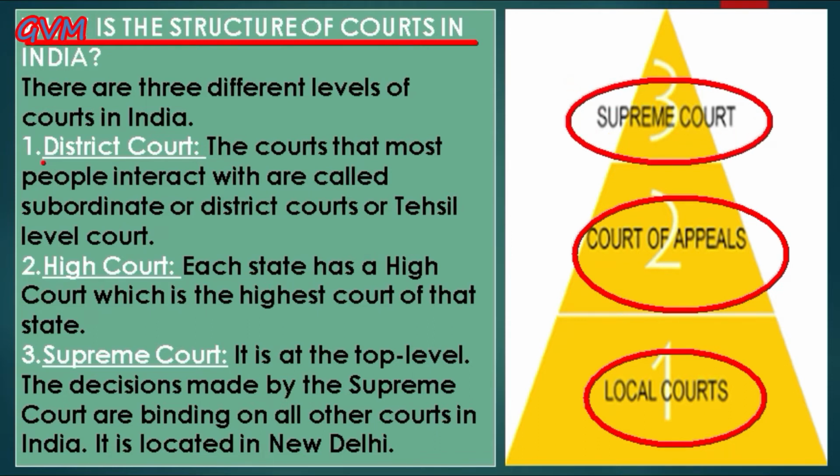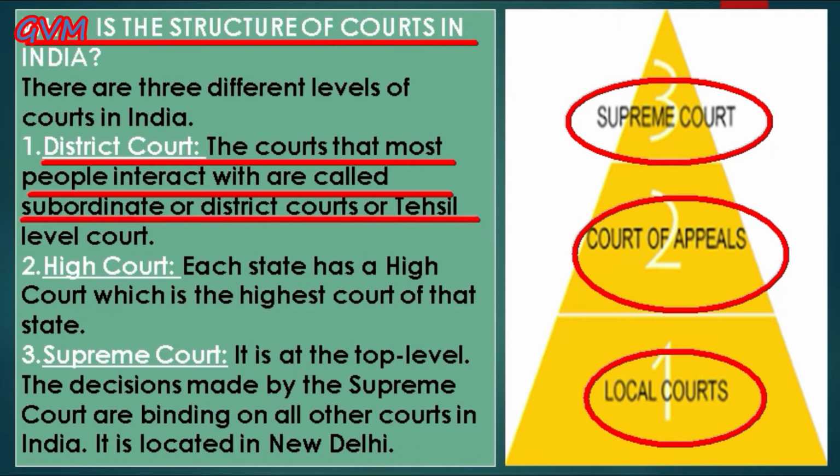At the lower level, district courts are the courts where most people interact, and the district court is sometimes also known as subordinate court, tehsil level court, etc. Secondly, the high court. Students, in India, each state has a high court, and it is the highest court of that particular state.